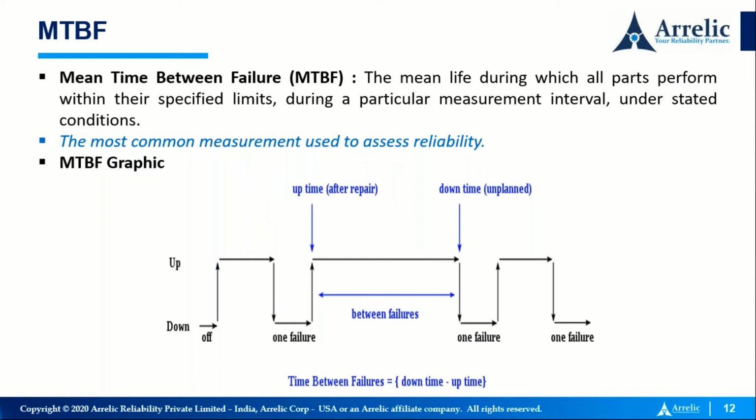So you calculate the running times over a period of time and divide the summation of the running time by the number of failures to find the MTBF over that particular time.